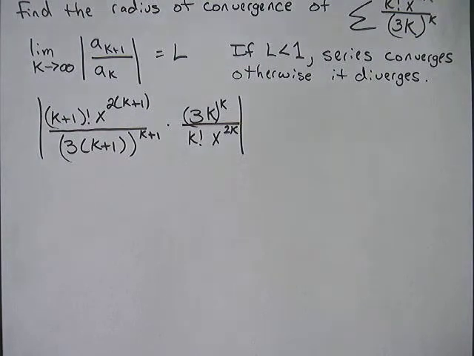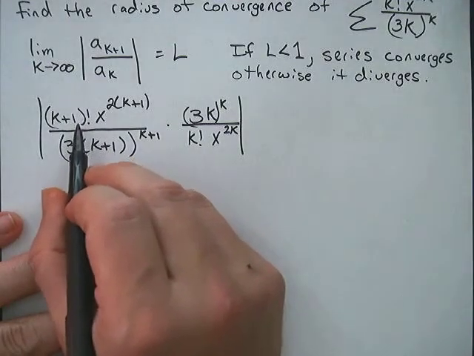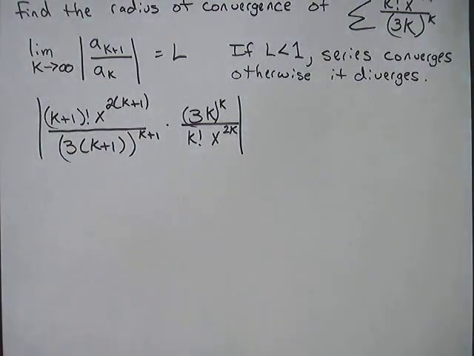I do want to take the limit of this eventually, but for right now I want to clean this thing up because there are a lot of k's and k plus 1s and factorials floating around, and we want to get rid of those. The first thing I'm going to do is realize that k plus 1 factorial is the same thing as k factorial times k plus 1.